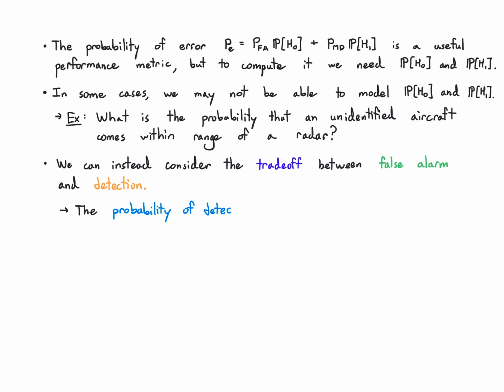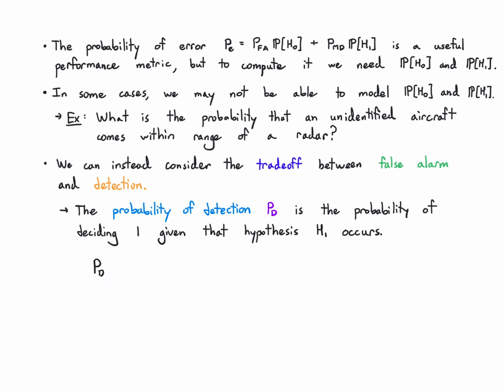So the probability of detection, let's call it P sub D, that's going to be the probability of deciding one, given that hypothesis one occurred. Okay, so very simple. All it's going to be is a probability that I land in the decision for one, and one did occur. So it's 1 minus the probability I landed in the decision for 0, which is 1 minus the probability of misdetection. And that makes sense. The probability of detection is just the complement of the probability of misdetection.